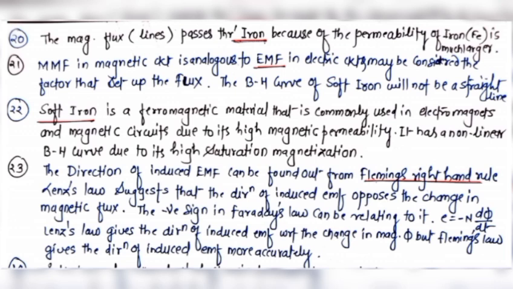The negative sign in Faraday's law can be related to it: e is equal to minus N d phi by dt. Lenz's law gives the direction of induced EMF with respect to change in magnetic flux, but Fleming's law gives the direction of induced EMF more accurately.